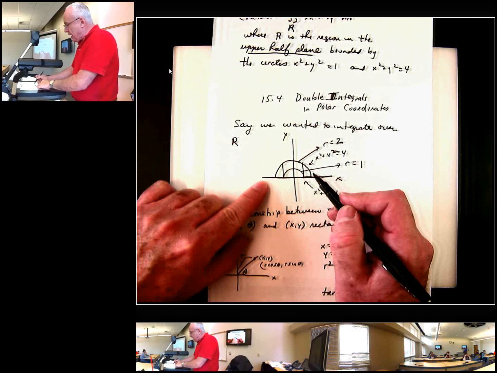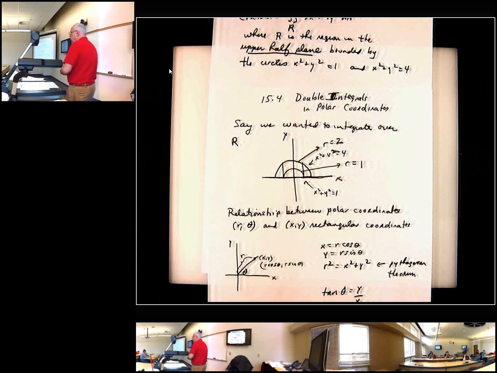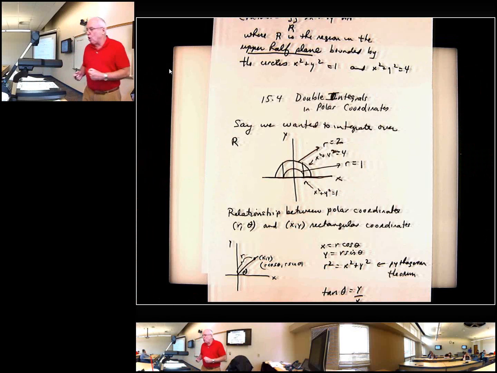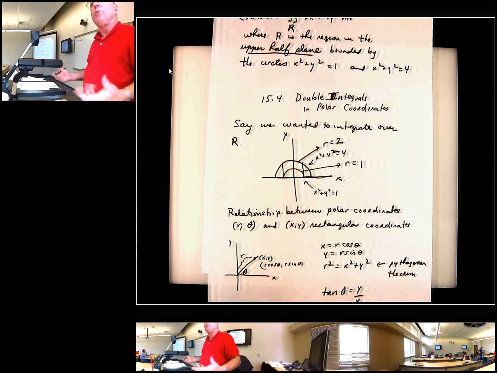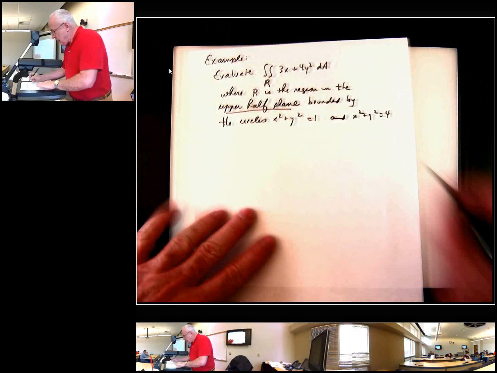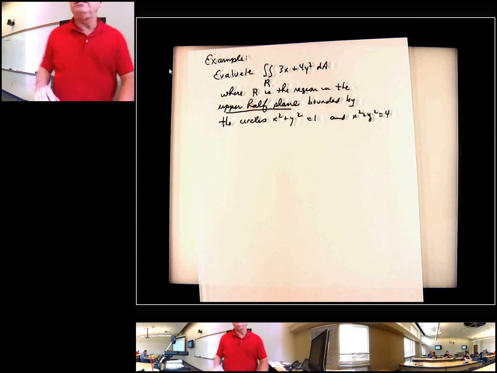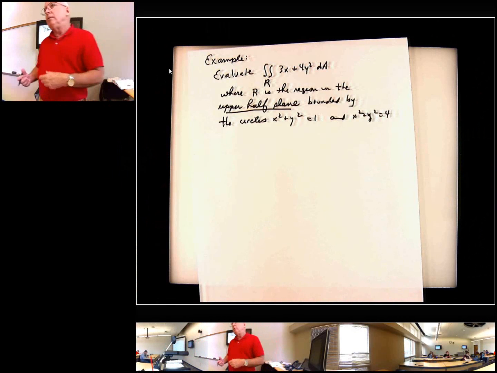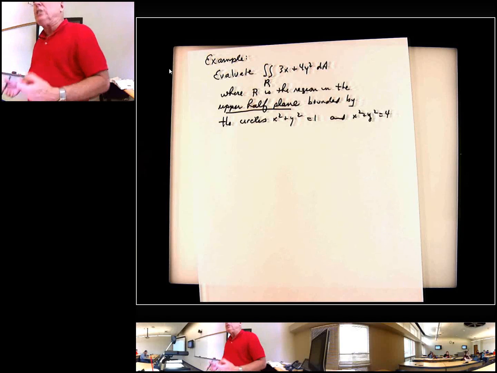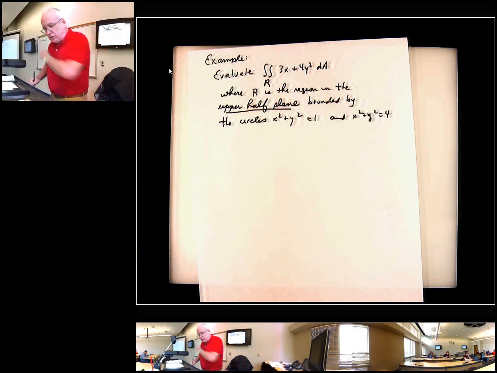The outer half circle is x squared plus y squared equals 4. All right, so that's our region, our polar rectangle that we're integrating over. You have to be careful in carefully reading a problem that you don't somehow misunderstand the region that you're integrating over.